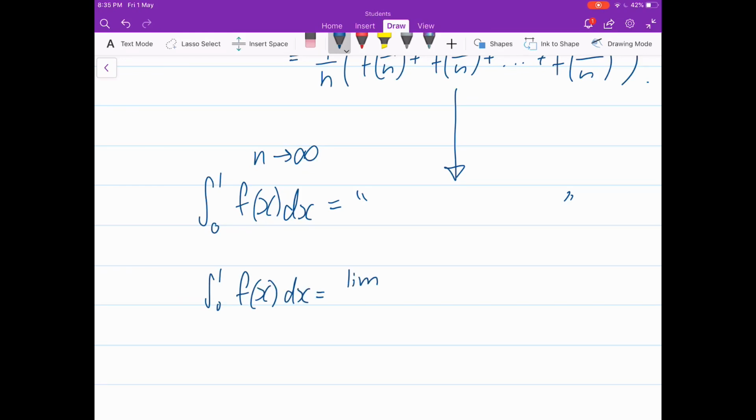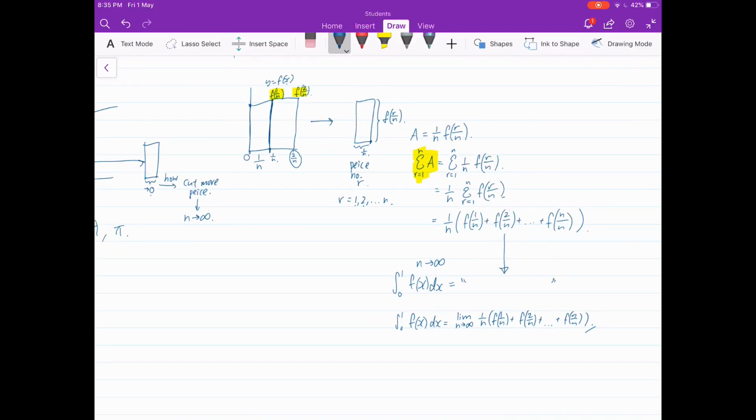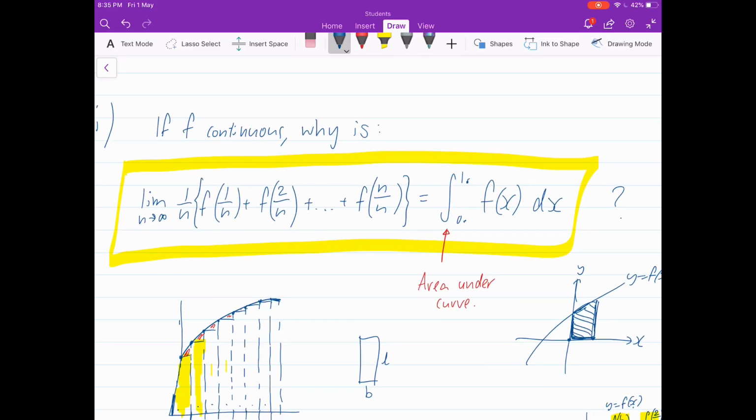I'm going to say this. This allows us to write it in one line. This is talking about limits. And then just copy and paste everything. And you see that what we have here is very, very similar to what we have there.